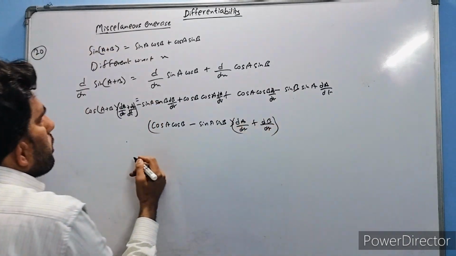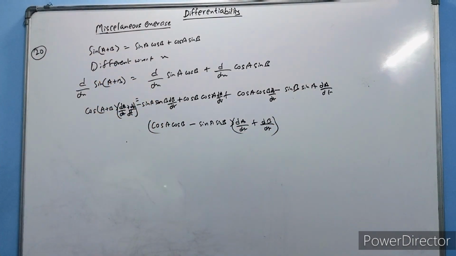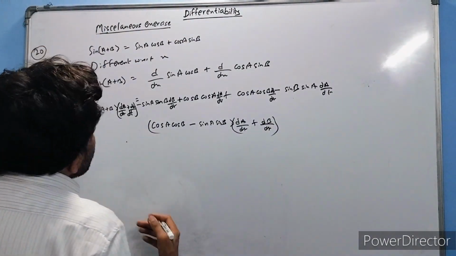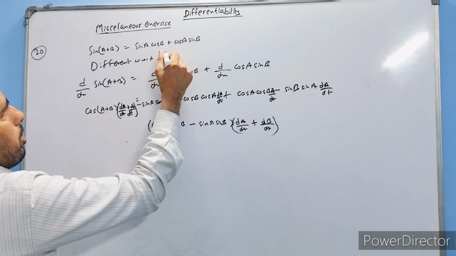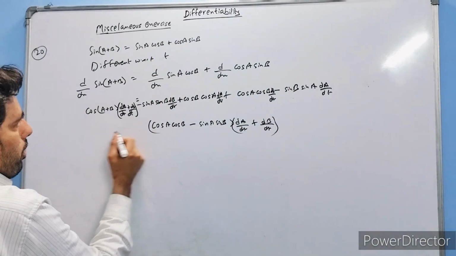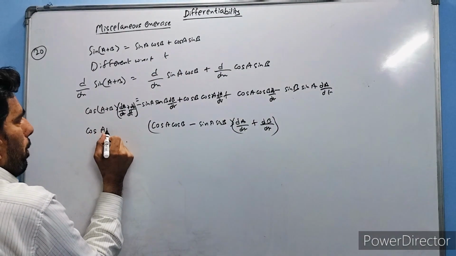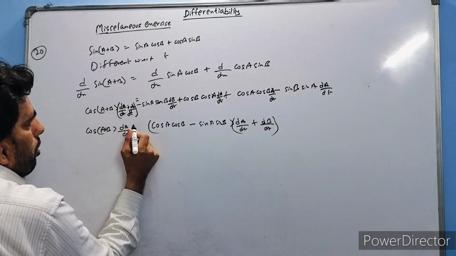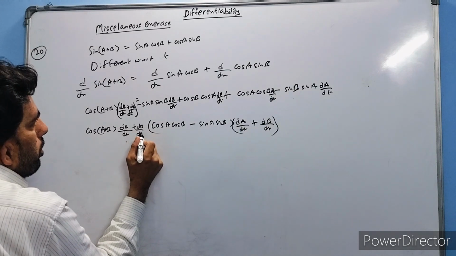Because now I am taking A and B as functions of t, we differentiate with respect to t. So I have cos(A+B) times dA upon dt plus dB upon dt.